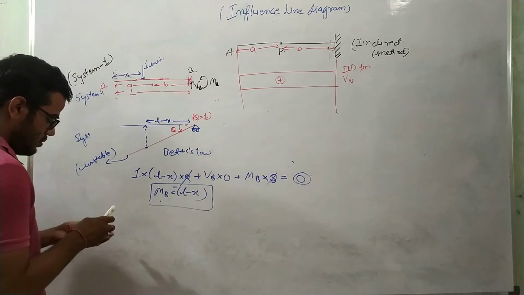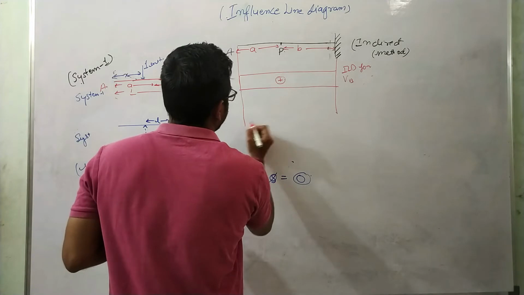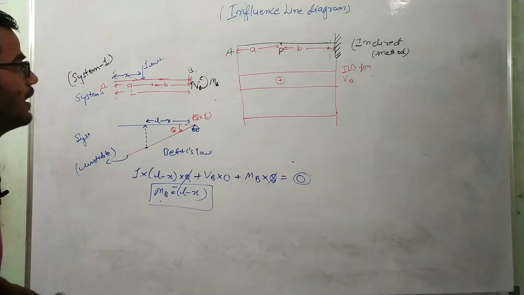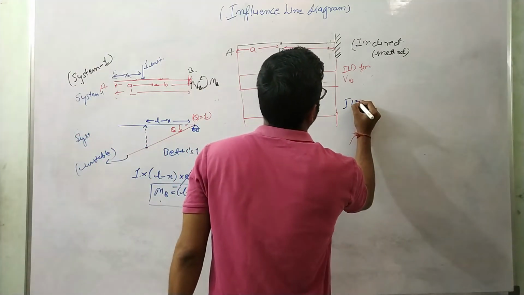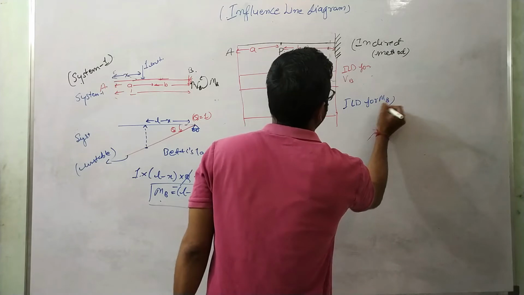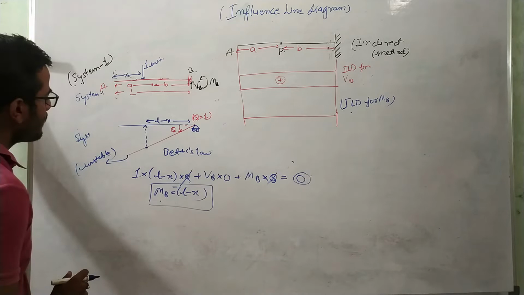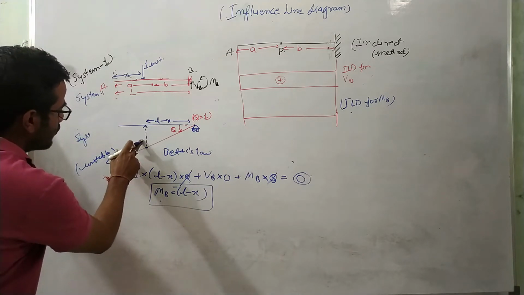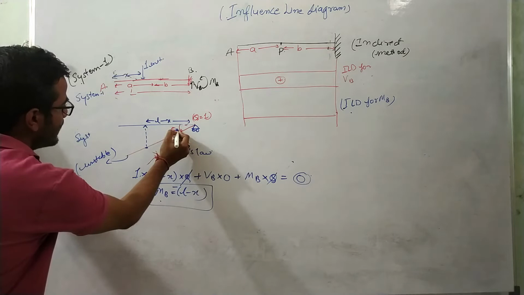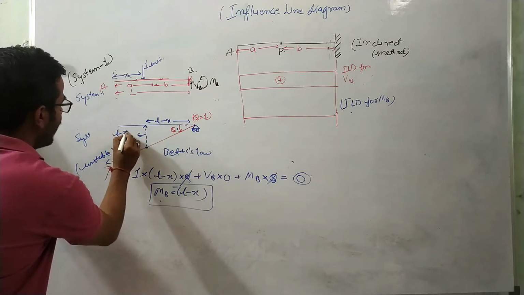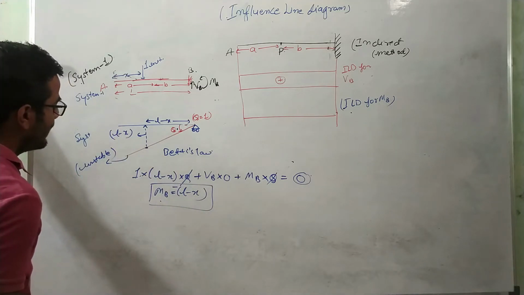So now what we will do is draw the ILD for this. Let us suppose this is the ILD for MB. If we draw the ILD for MB over here, you can see that this value is equal to L minus x, since theta is unity.